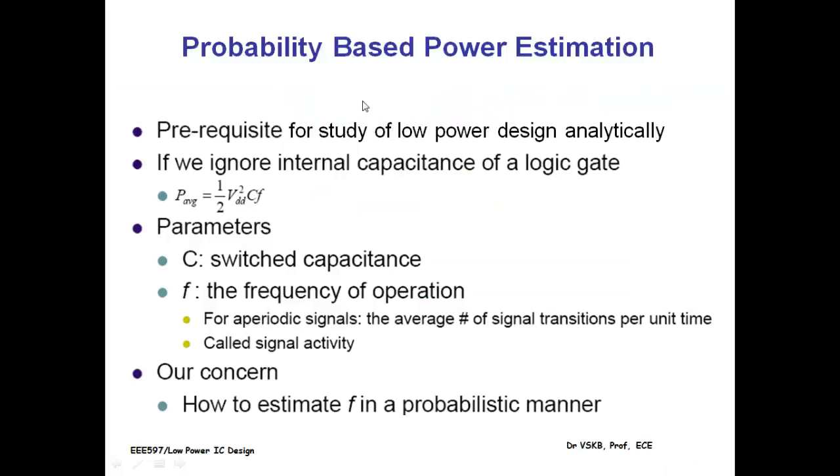To recall the basics, when we have any particular node with a capacitance of C switched over to VDD to represent a logic 1 state and 0 volts to represent a 0 state, running at a frequency of F, it would incur half CV square times the frequency during charging and the same amount during discharging, and through this topic we would determine the frequency of such switchings in a probabilistic manner.